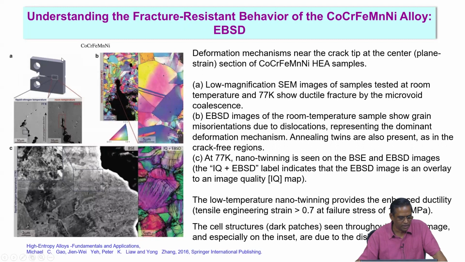So this is the CT sample, compact tension sample, typically used for fracture toughness testing. And this is the pinhole. There is a pin inserted here, and then it is being pulled like this, and then you have a notch, and after the notch there is a crack, a pre-crack. It's called a fatigue pre-crack.